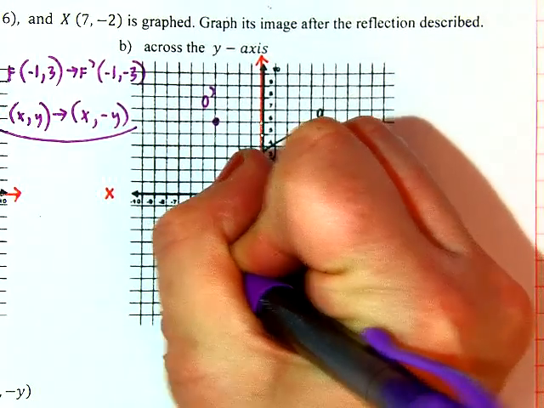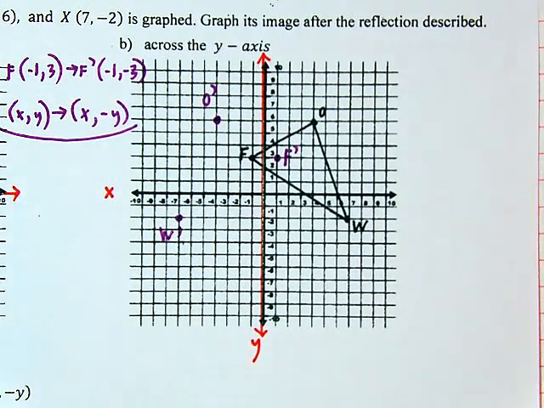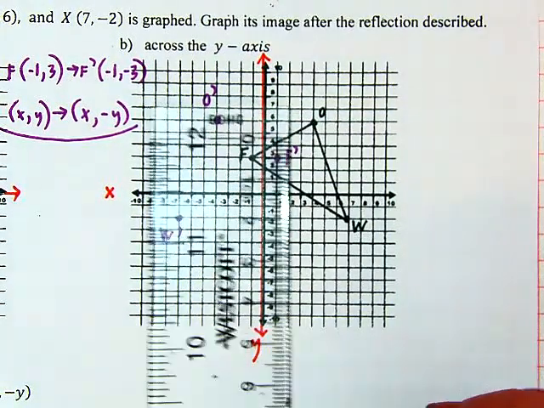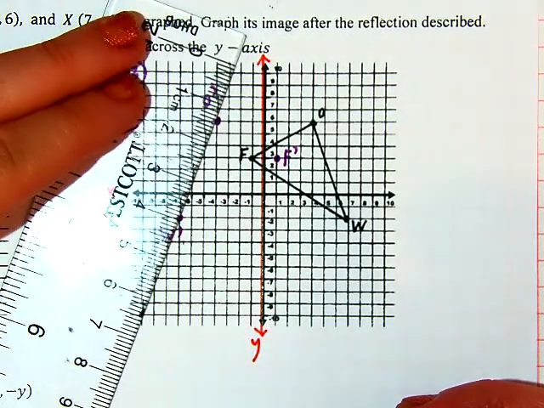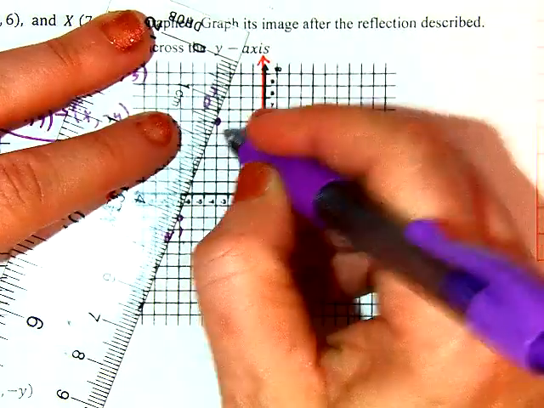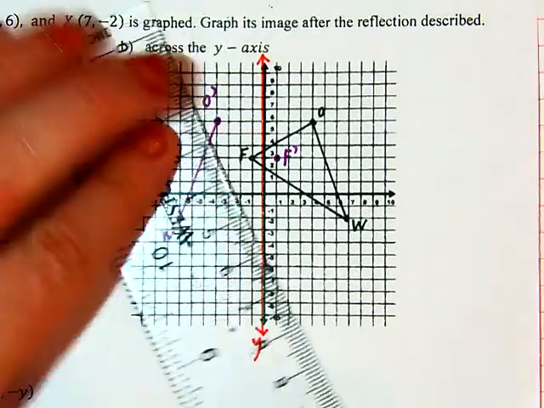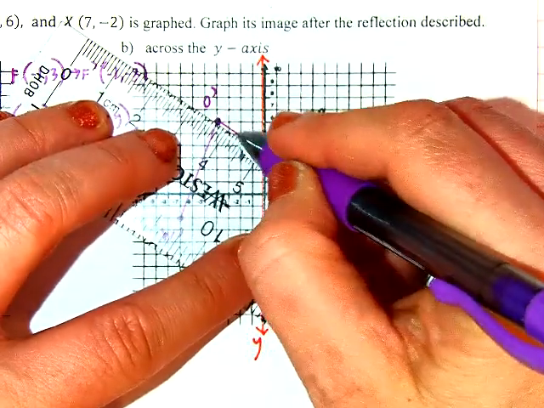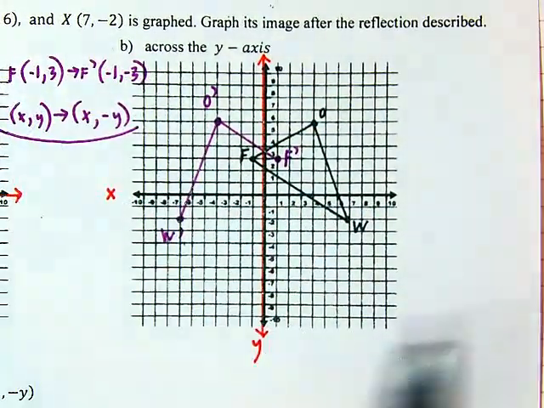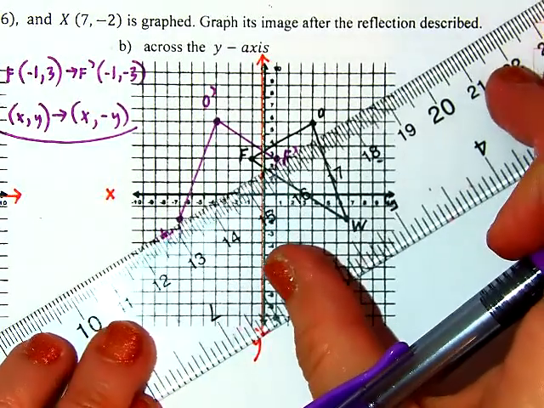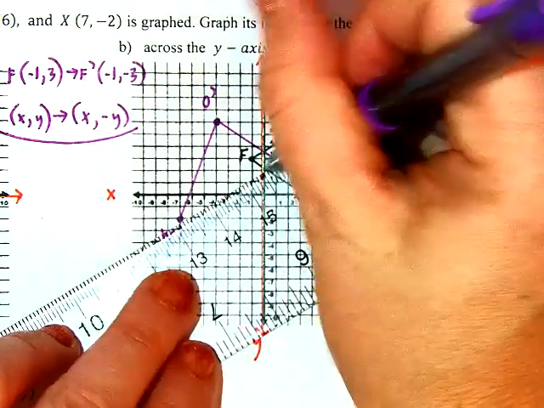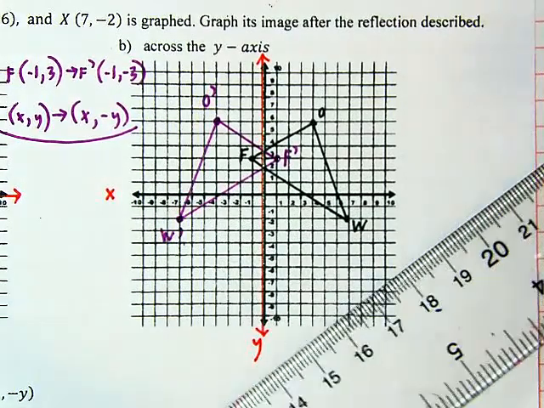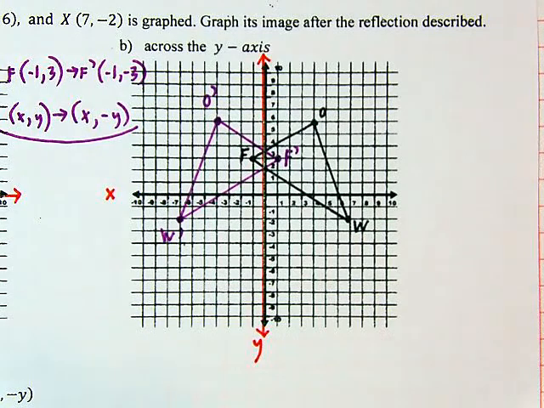There's my W prime. Okay, I'm going to go ahead and connect my dots. And there we go. There is our resulting figure.